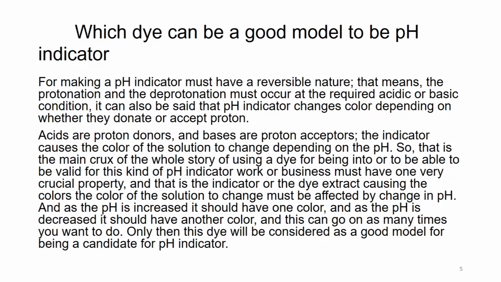That means the protonation and the deprotonation must occur at the required acidic or basic condition. It can also be said that pH indicators change color depending on whether they donate or accept a proton. Now, this has to be a reversible reaction.